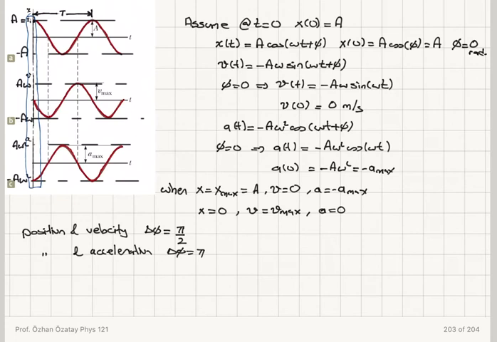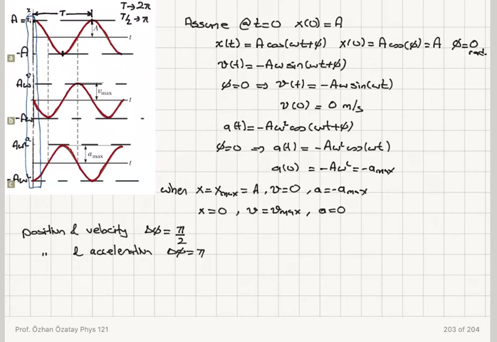So you can see that here I start with x equals to a, and then I wait for half a period to reach x is equal to minus a. Then in a full period I go to x is equal to a.